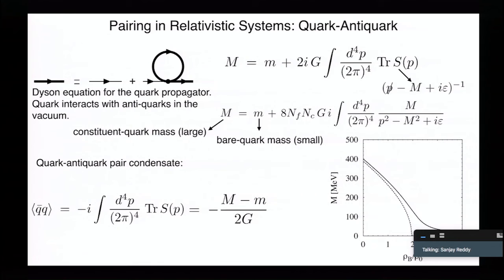So the way we calculate this is to solve what's known as a Dyson equation, which just tells us how the propagation of a single quark is modified in the presence of antiquarks in the background. And the equation is depicted diagrammatically.